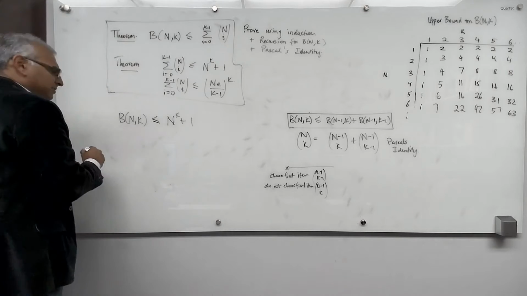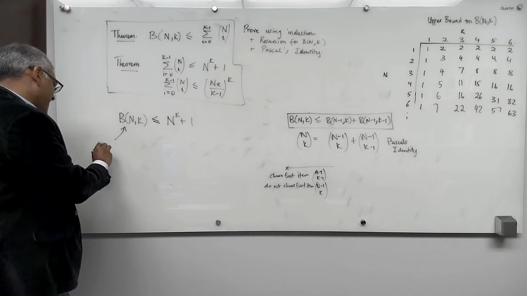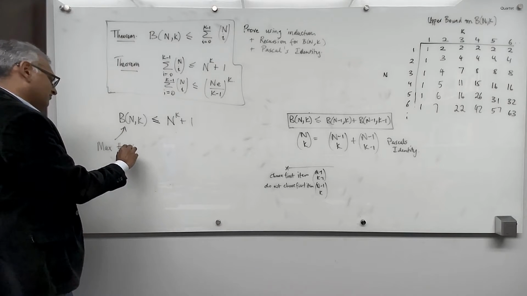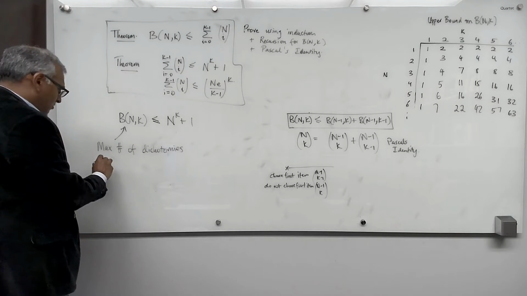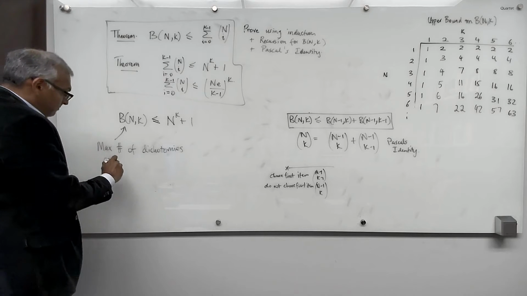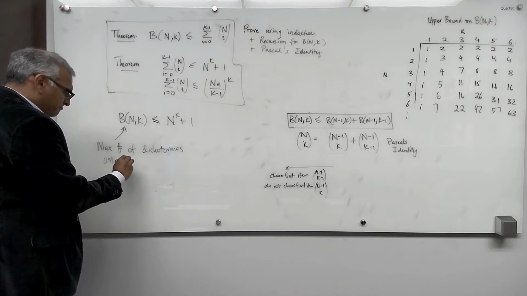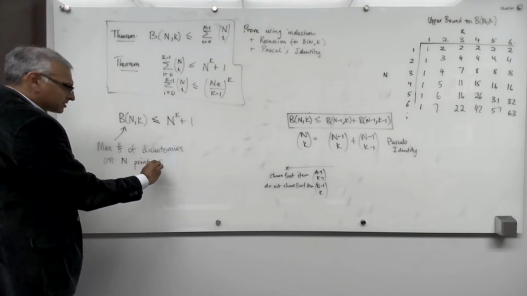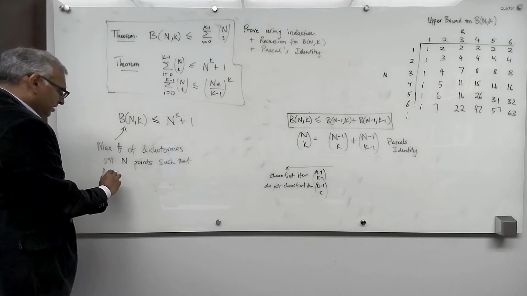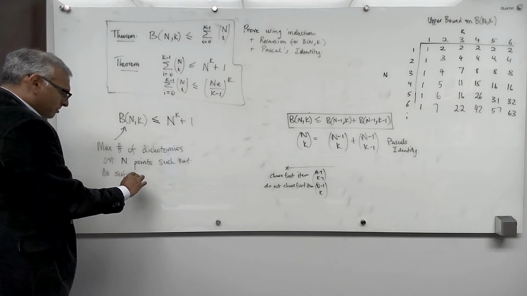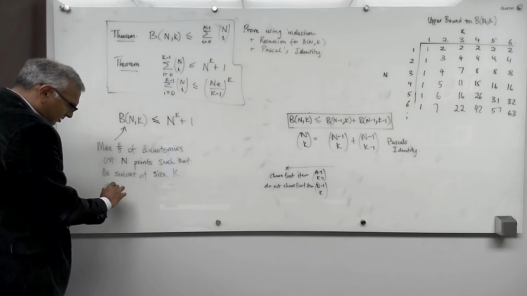And let me remind you what this B of n, k is. It's the max number of dichotomies on n points such that no subset of size k is shattered.